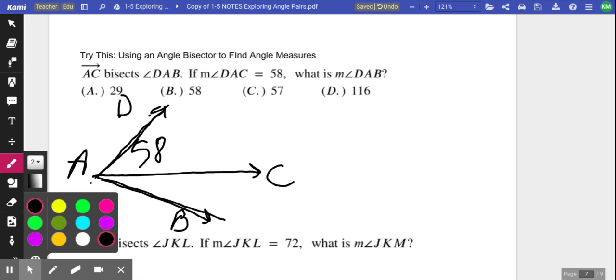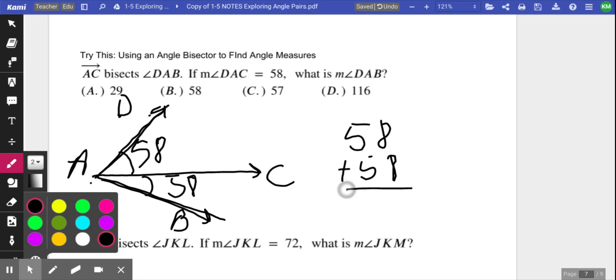What's the whole angle? Well, think about it. It was bisected, so these pieces are equal. They're both 58. So to figure it out, I could just do 58 plus 58, which is 116. So we have choice D, which is 116. Pretty easy with the angle bisector.